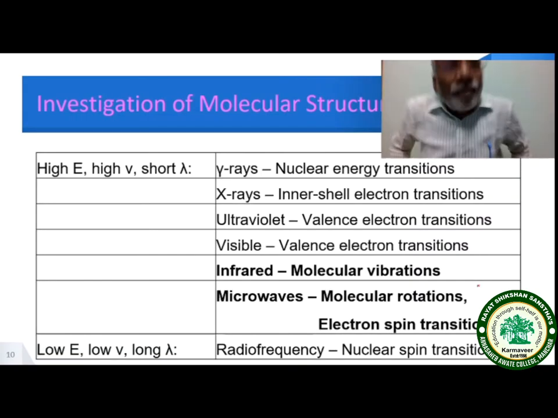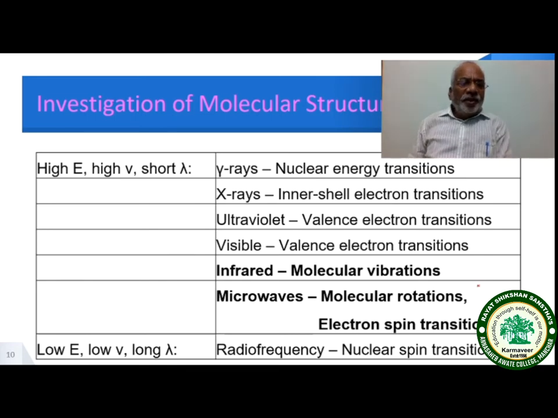Now see here the higher energy and lower energy. Higher energy means higher frequency, lower energy means lower frequency. Higher energy means short wavelength and low energy means longer wavelength.